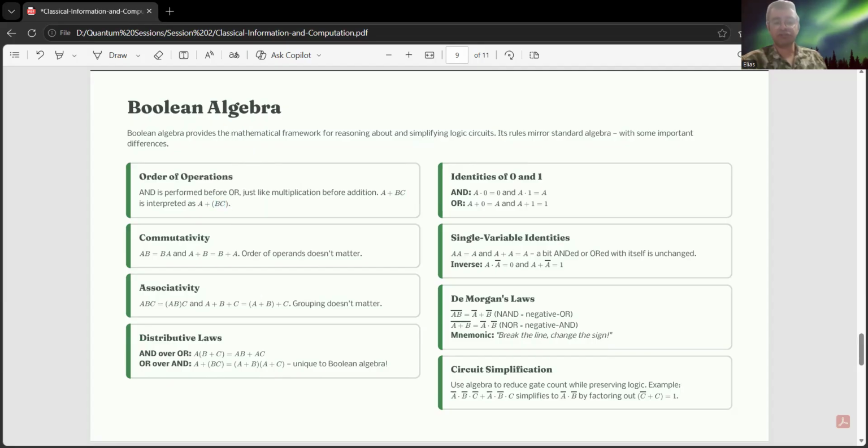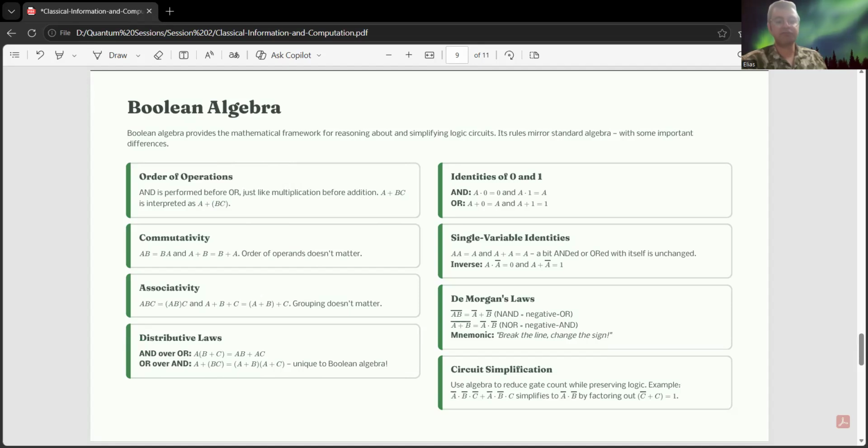We also have commutativity, which says AB equals BA, and A plus B equals B plus A. We have associativity, which means ABC equals AB multiplied by C, and A plus B plus C equals A plus B plus C.